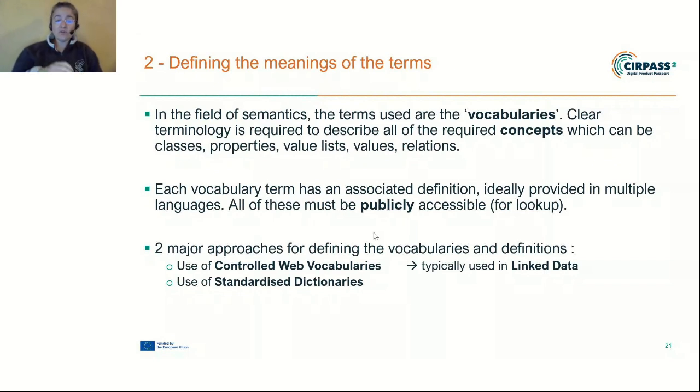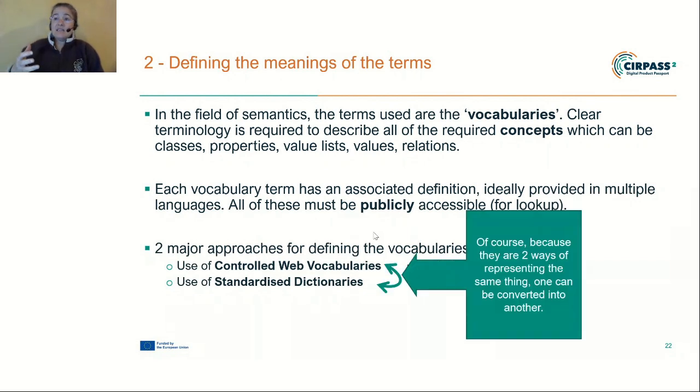I will talk a lot in this presentation about the two major approaches for defining vocabularies and their associated definitions. The first one is through the use of controlled web vocabularies, which are used typically in linked data. And the second approach is by the use of standardized dictionaries.